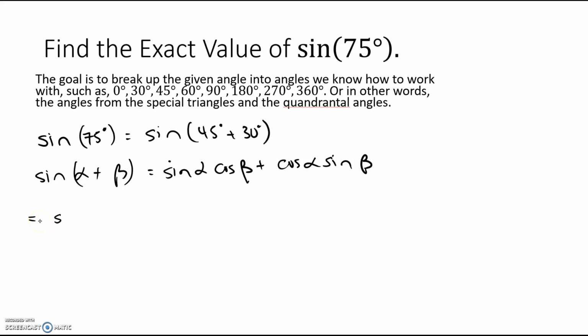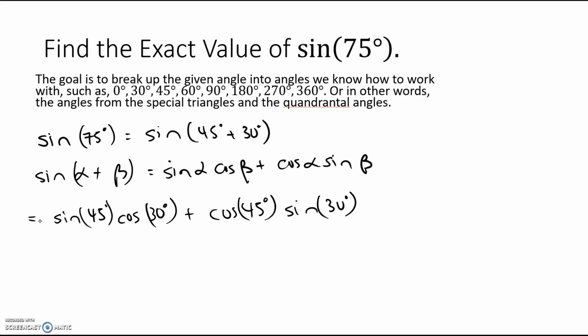So this would be equal to sine of 45 times cosine of 30 plus cosine of 45 times sine of 30.